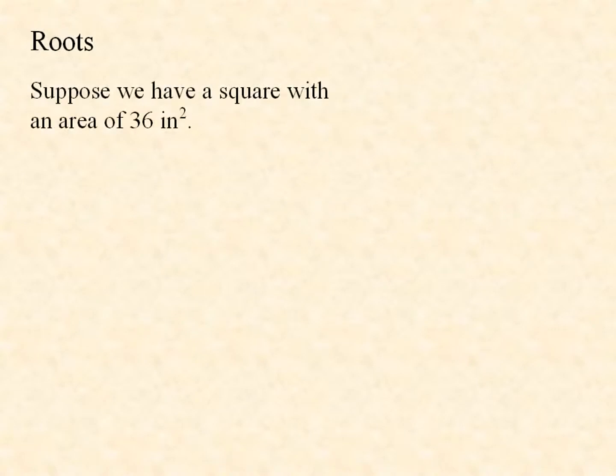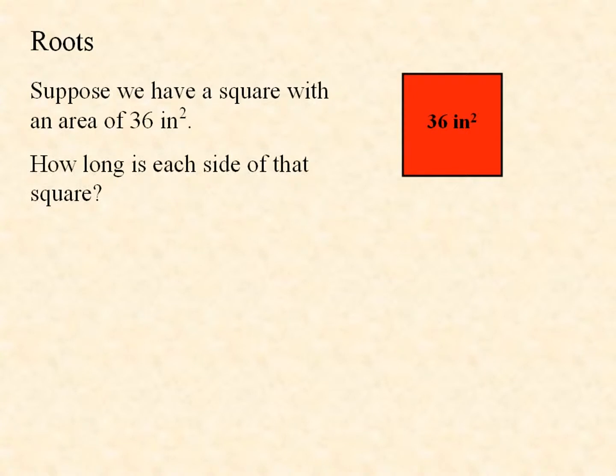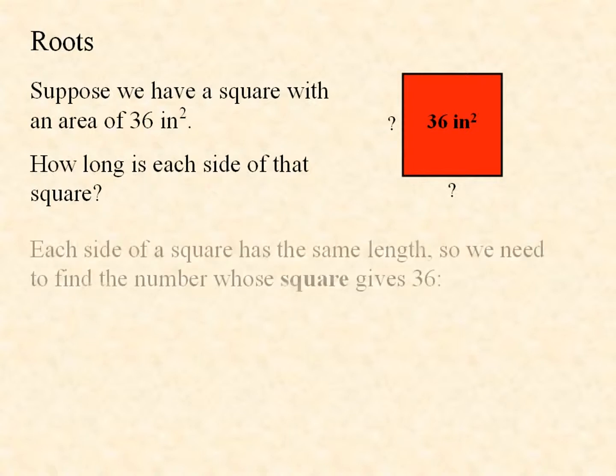Now we will discuss roots. Suppose we have a square with an area of 36 square inches. How long is each side of that square? Each side of a square has the same length, so we need to find the number whose square gives 36.